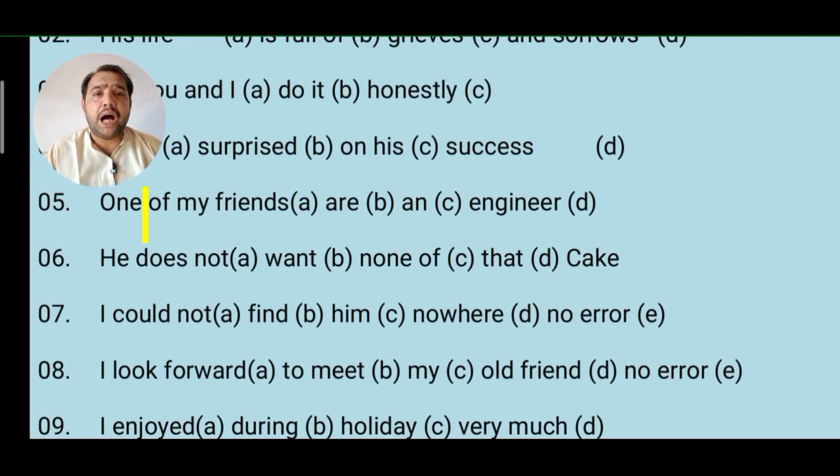So we should say I look forward to meeting, not to meet. In another sentence, he ordered me to write, not writing. But when our sentence starts with such a structure, I look forward, here we have to add the ing form with the preposition to. I look forward to meeting my old friend.